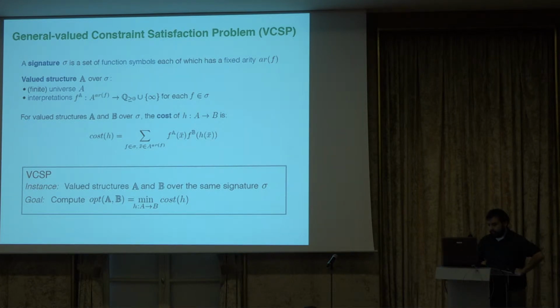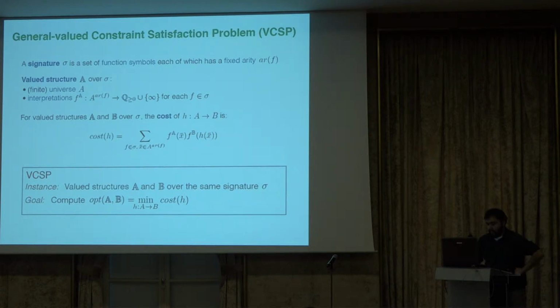So this is the cost. The definition of the problem is: we have two valued structures A and B over the same signature, and the goal is to compute the optimum of A and B, which is the minimum cost over all possible assignments. So this is the VCSP.